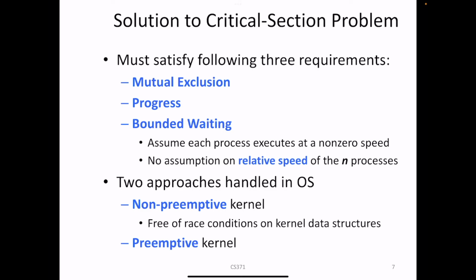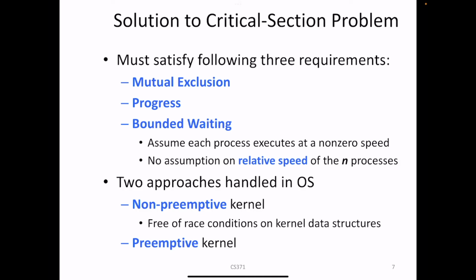In the operating system, how can we address the critical section problem? It depends on the type of kernel. There are two approaches: one is a non-preemptive kernel, and the other is a preemptive kernel.